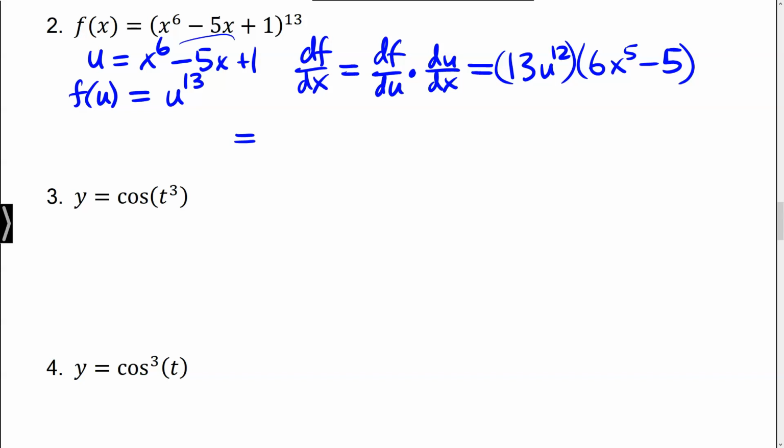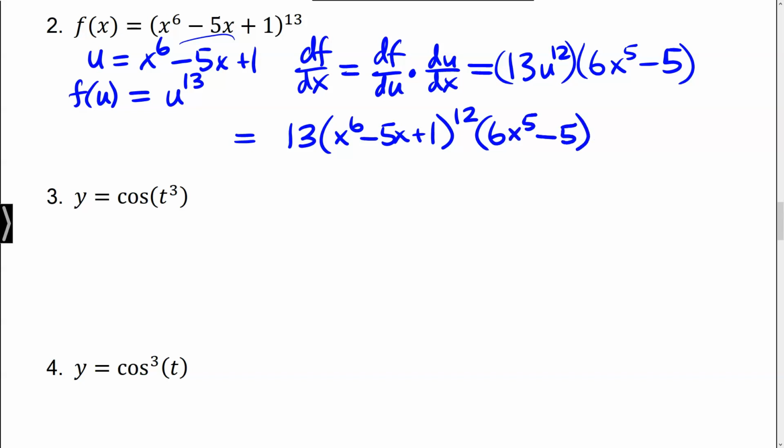So it's going to be 13 times (x to the 6th minus 5x plus 1), all raised to the 12th, times, and this is how we colloquially say it, the derivative of what's inside. The derivative of what's inside is 6x to the 5th minus 5. So that's our derivative here.